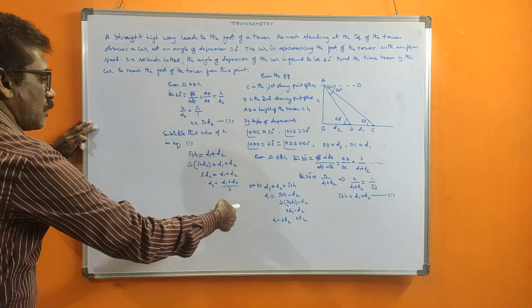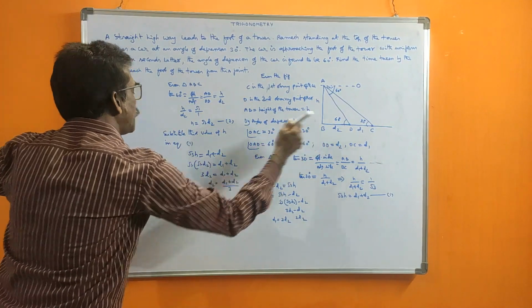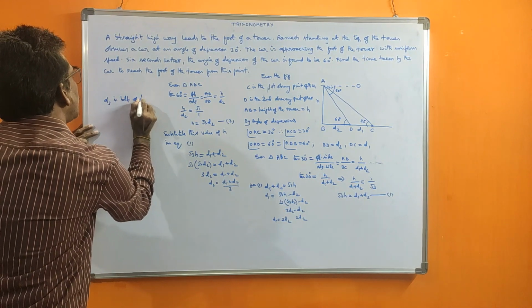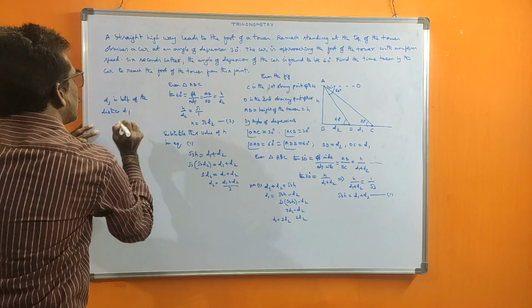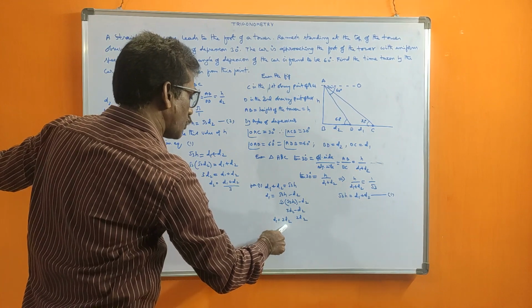So from this, what we observed is that D2 is half of the distance D1. D1 is equal to 2 D2, so D1 is more.